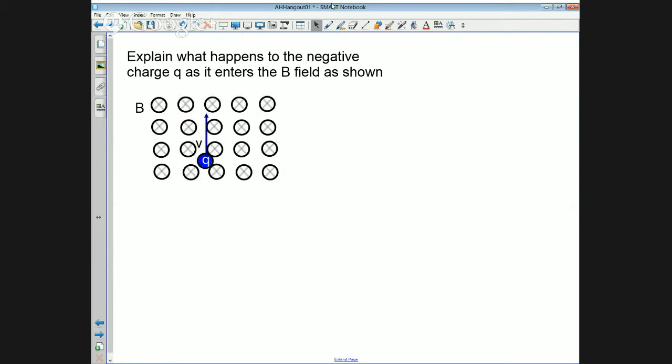Well, we know it's going to experience a force, and the force it experiences is going to be equal to the size of the charge times its speed times the size of the magnetic field B times sine of the angle between the speed and the magnetic field. In this case, it's 90 degrees. That's going this way, and the magnetic field is going into it, so it's 90 degrees.